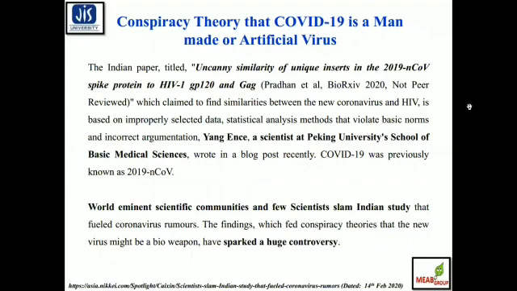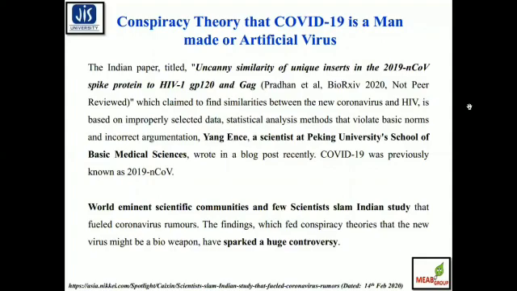Gag," which was published by Pradhan in bioRxiv 2020 but is not peer-reviewed, claims to find similarities between the new coronavirus and HIV. It is completely based on improperly selected data and statistical analysis methods that violate the basic norms, with incorrect argumentation.